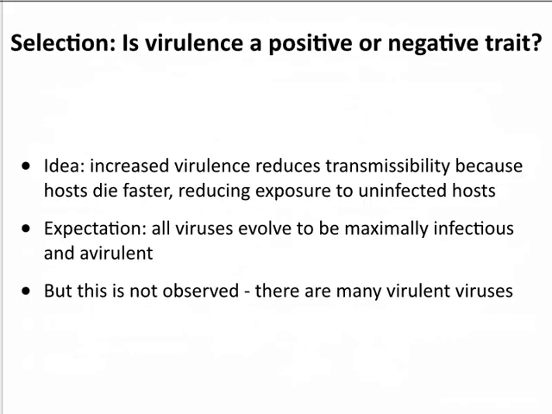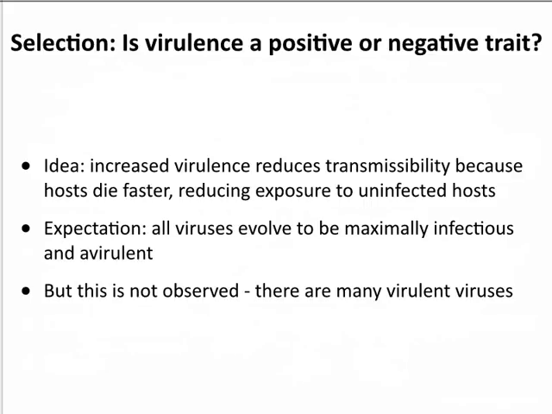You don't want the virus to kill the host, but you do want it to transmit effectively between them. So according to that theory, all viruses should be highly transmissible and not virulent. So many viruses are not virulent in us, as we've talked about before, but many are very transmissible and also very virulent. So what's going on here?